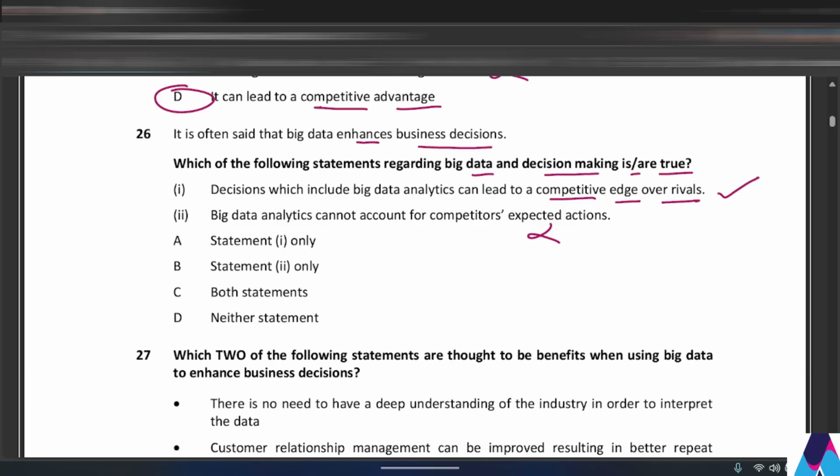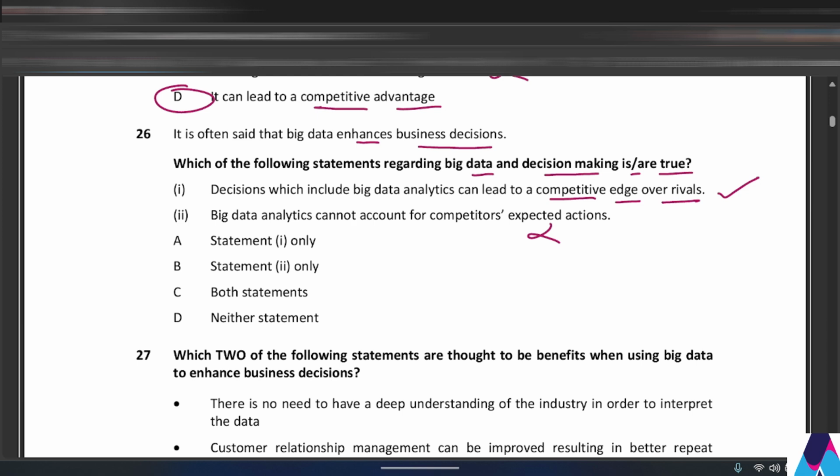Because you have all sorts of data coming in from different sources about your competitor, you can use it to make a good guess about the competitor's next move or their plans, right? So saying that it cannot account for competitors' expectations is actually a misleading statement. It can, okay? It can.